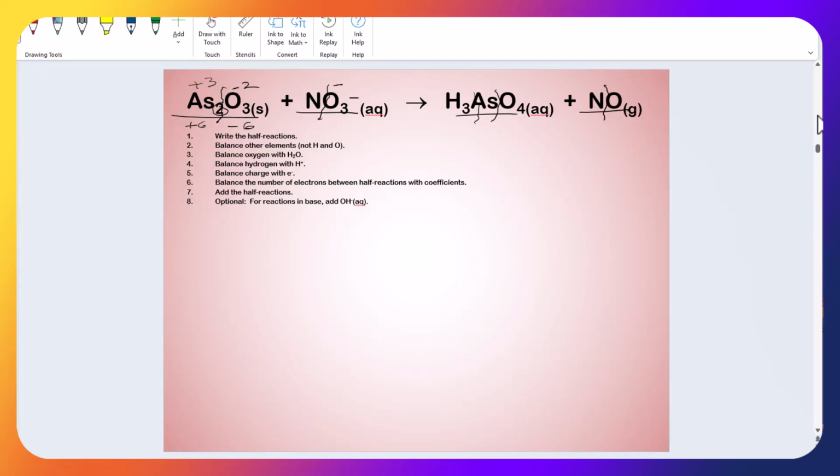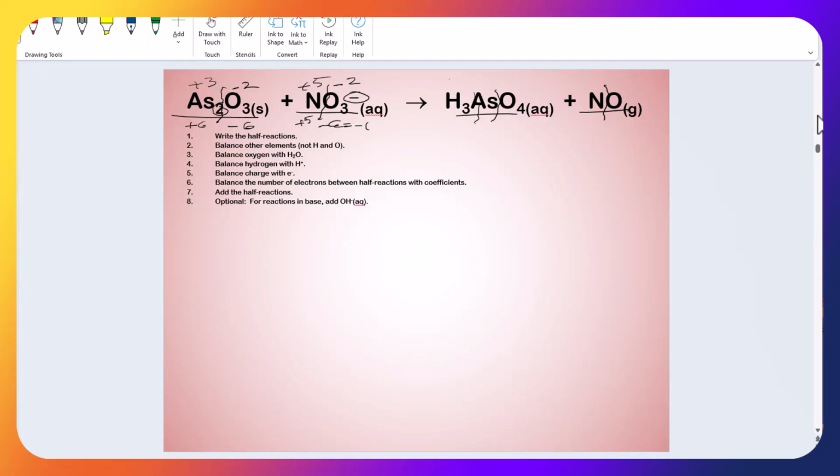Over here, oxygen gets its charge at -2, 3 times the -2, again, -6. But the charges have to add up to -1 because this is nitrate anion with a -1 charge. So that's got to be a +5.